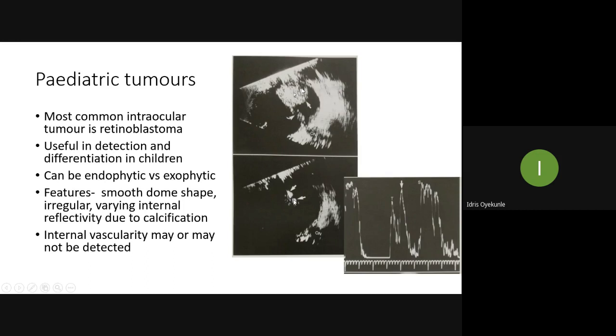When we lower the gain of the B-scan machine, these calcifications remain. So when you do the B-scan examination for tumors like retinoblastoma, it's important to start with a high gain and then eventually reduce the gain of the scan so that you can detect whether there's any calcification or not.